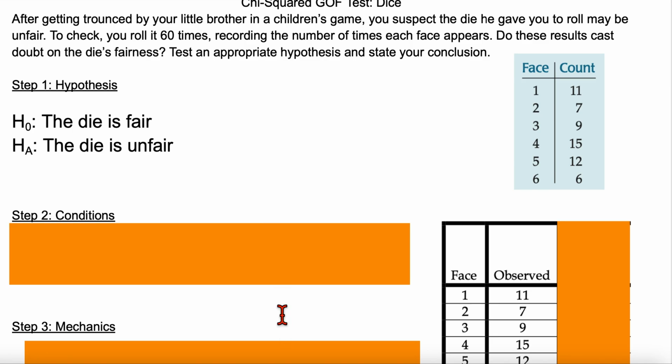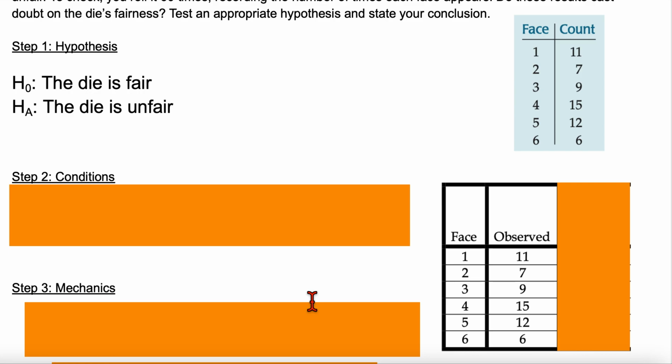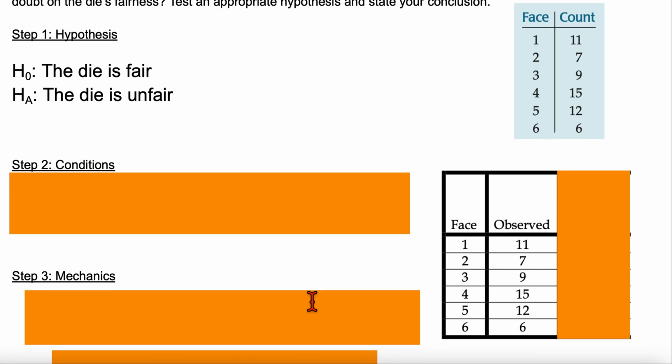We then have to check our conditions. There are 2 conditions with the chi-squared tests. The chi-squared goodness of fit test and the chi-squared test both only have 2 conditions you have to check, and that is the randomness condition and the expected count condition. Clearly, whenever you roll a die, each die roll is random and independent of every other die roll.